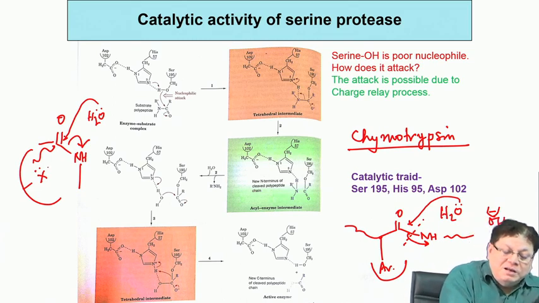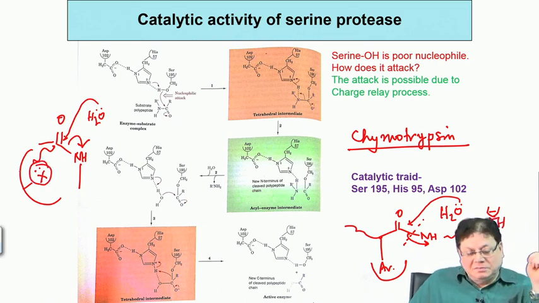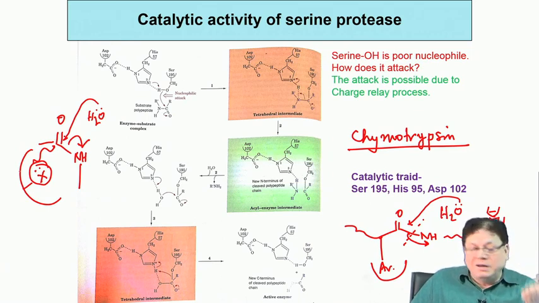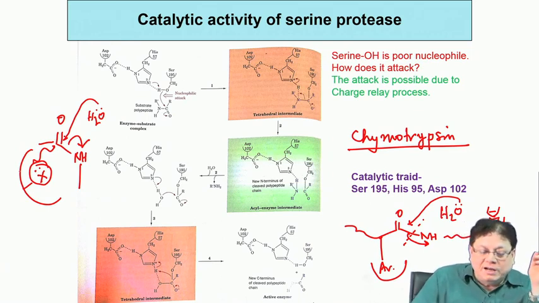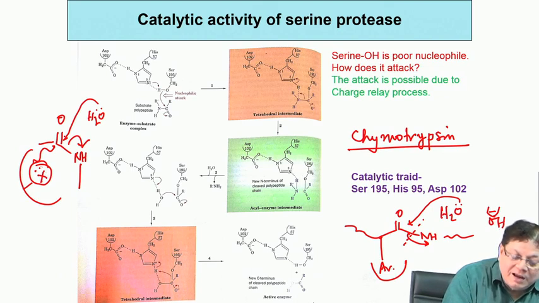Now, depending on the nature of X, you have different types of proteases. One is called serine protease, where X is basically an amino acid containing OH, because we are talking about serine. What is serine?